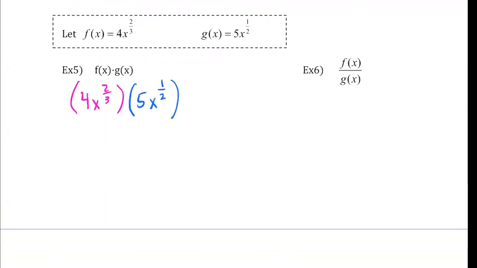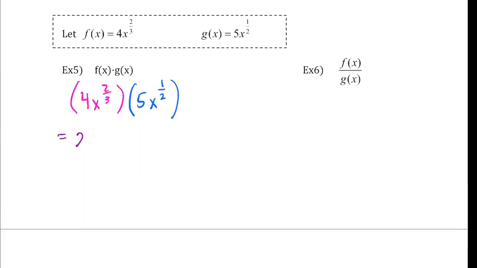This is 4 different things really being multiplied. We've got this number, this variable raised to a power, another number, and another variable. We can multiply the 2 numbers together, but remember what we do. We add the exponents if the bases are the same. That's the product rule. If we have a product here with the bases the same, we add the exponents.